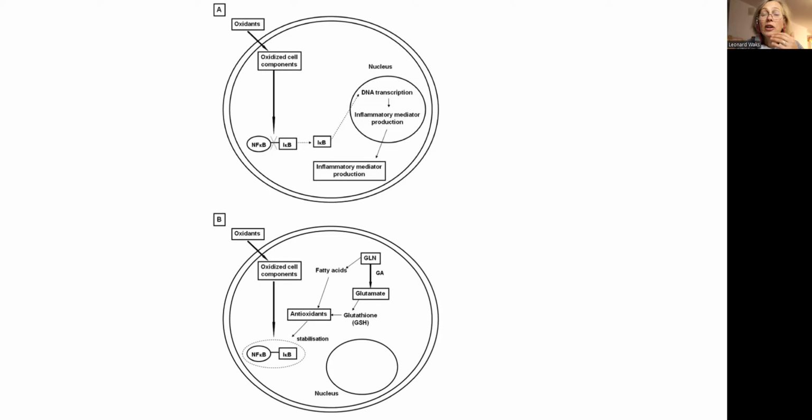So all of that can create damage to the cell. What oxidants do inside the cell is activate nuclear factor. That nuclear factor goes to the DNA, and that is a signal to start to produce inflammatory mediators. They get released into the bloodstream, and that's when the inflammation starts.